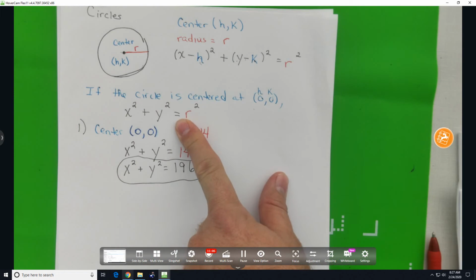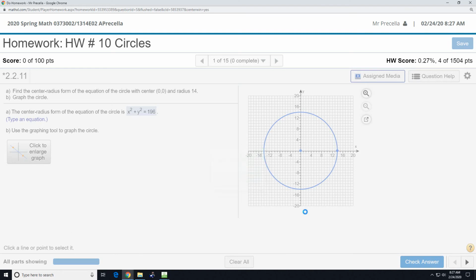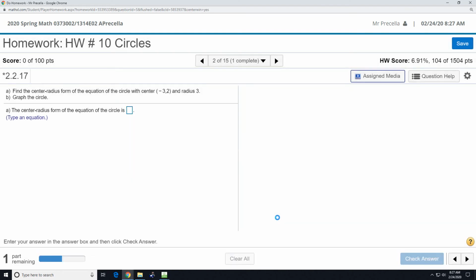Okay? Let's look at problem number 2. Problem 2 says the center of the circle is, what is that, -3, 2, and the radius is 3. So the center is -3, 2, the radius is 3.